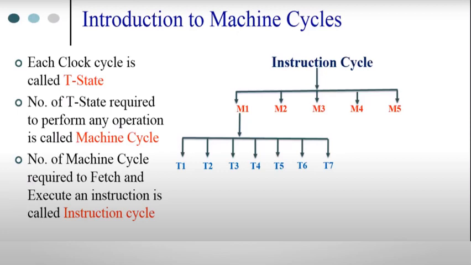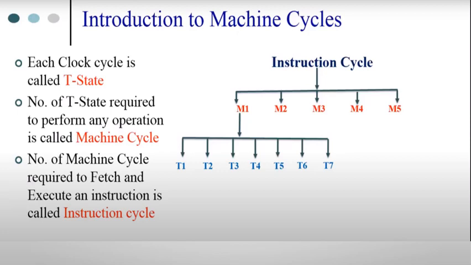Based upon the clock only, the microprocessor runs. The time required for an instruction or machine cycle is calculated by counting the clock periods. A portion of an operation carried out in one system clock period is called a T state.